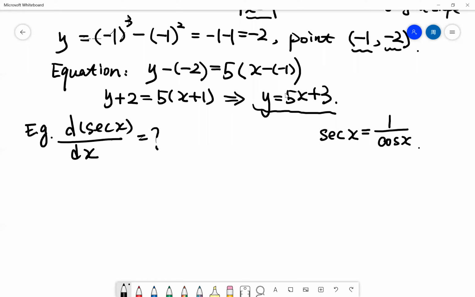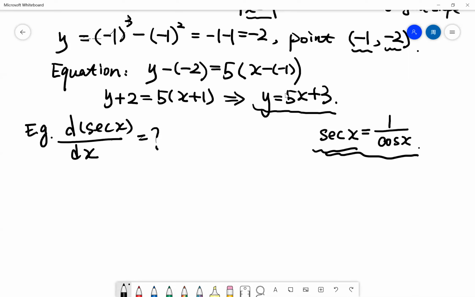Okay, so let's solve it together here. Since secant x equals 1 by cosine x, if we want to calculate the derivative of secant x, we of course will use the quotient rule, right?